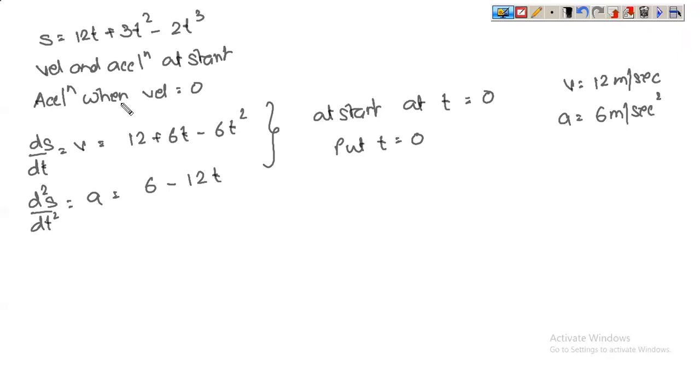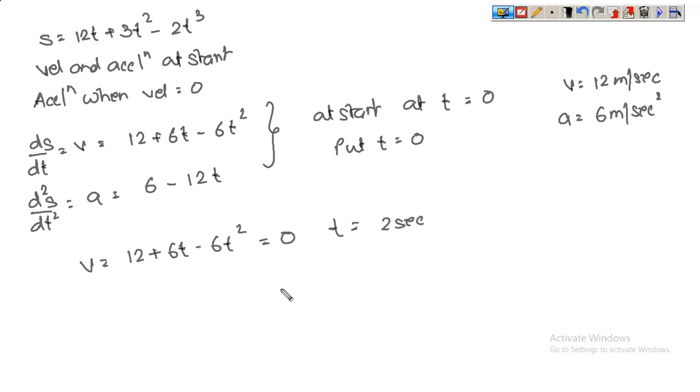The second half says the acceleration when velocity is 0. So velocity is given by 12 plus 6t minus 6t square. Velocity is 0, so you put this equal to 0 and you will get the value of t. The value of t comes out to be 2 seconds.